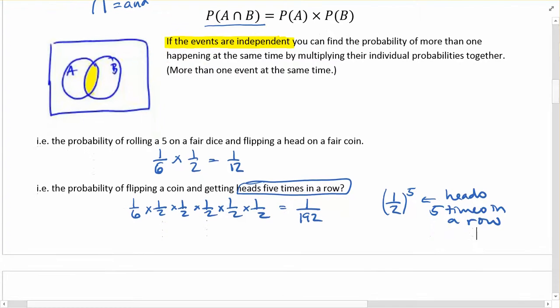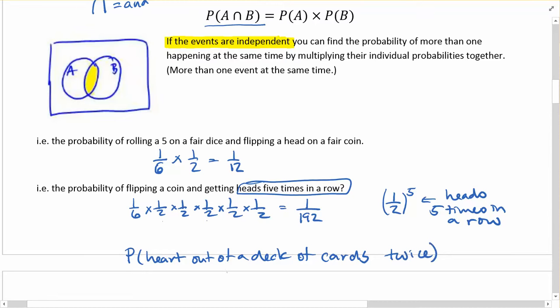So for instance, if I wanted to do something like, what's the probability of getting a heart out of a deck of cards with a randomly selected card twice? Well, the probability of getting a heart, that's 1/4 of the deck.